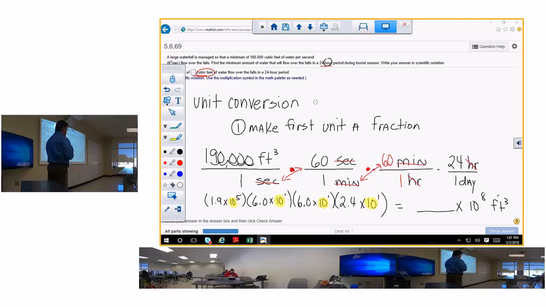It might be 69. So I take 1.9 times 36. What do you get? 36 times 1.9? Somebody do it on the calculator. I said 69 or 79. I think it's going to be 69.